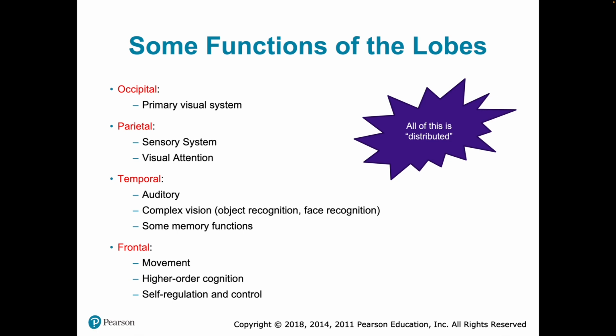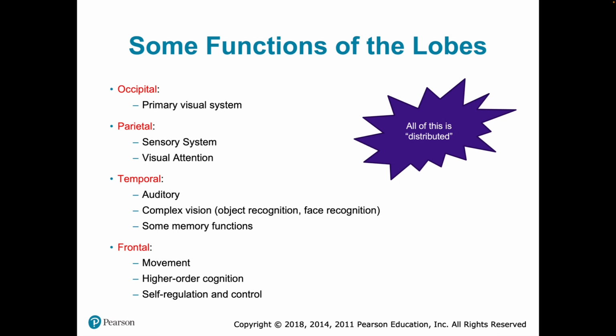And then the temporal lobes are also involved in some memory functions. Okay, so a lot going on in the temporal lobes. You should know some of the things that it does, or be able to recognize, from a list, something that does auditory, face recognition, and memory functions. That's going to be the temporal lobe as opposed to the parietal lobe.